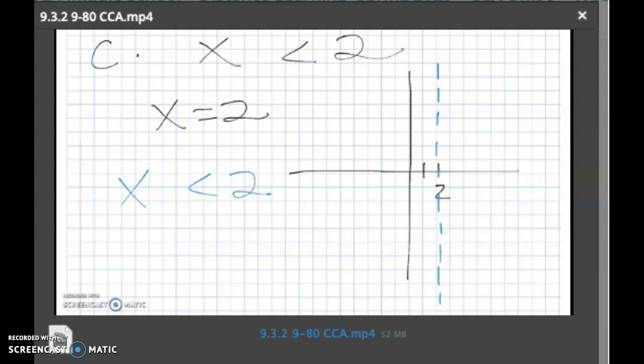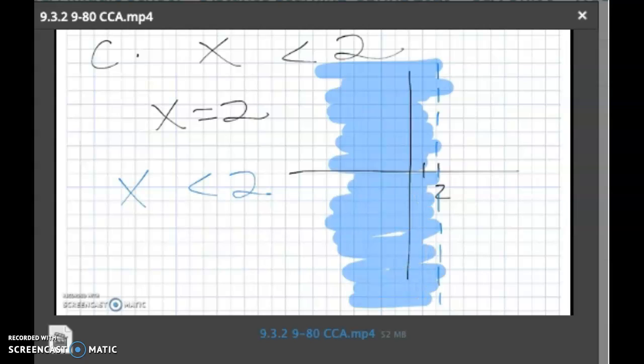So we will shade in everything to the left. Okay. All right, so in this one, our solution is just everything to the left of x equals 2, and it cannot include the points on the line because we do not have the equals to sign.